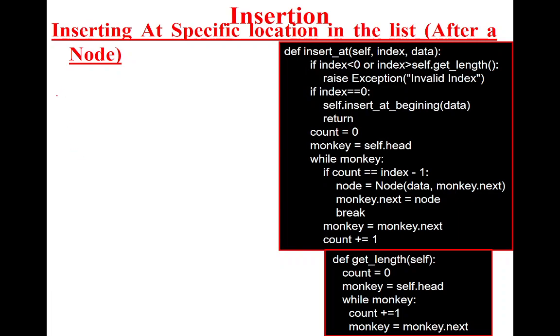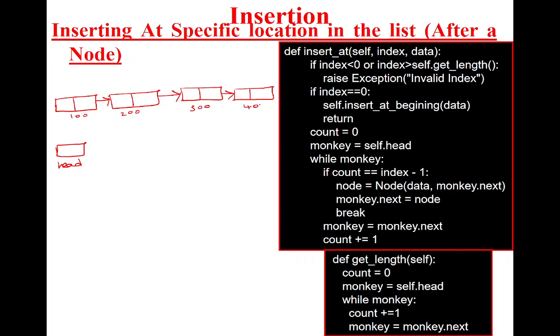For example, we are having the linked list like this. Okay, we are having head. Let me have the addresses 100, 200, 300, 400. Here the address is 100. Some values I am giving.